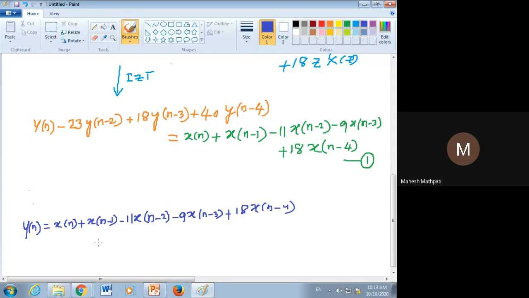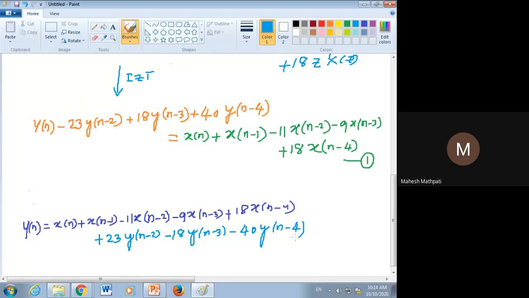Then you just take the y terms on the right side. So what will we write? Plus 23 y of n minus 2 minus 18 y of n minus 3, then minus 40 y of n minus 4.